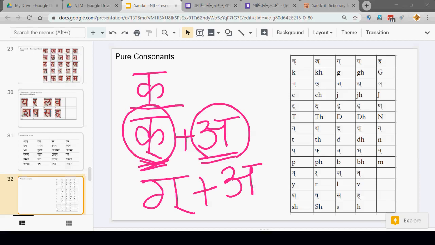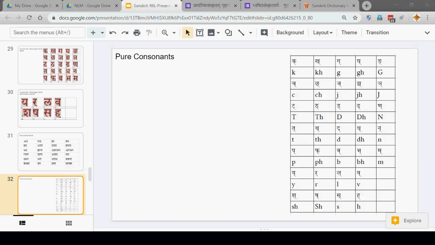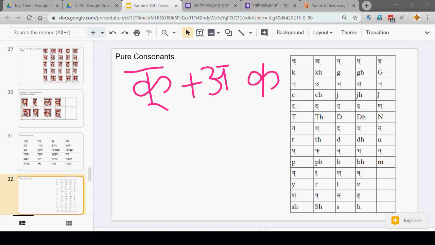So what does that mean? It means to these sounds of consonants, for example, k, which is written like this, the pure consonant, we can add any vowel sound. For example, if I add a, then it sounds like ka.